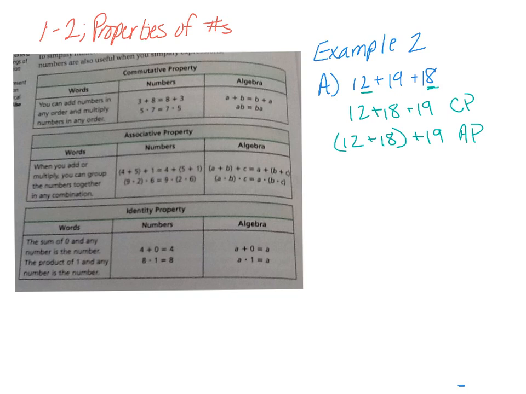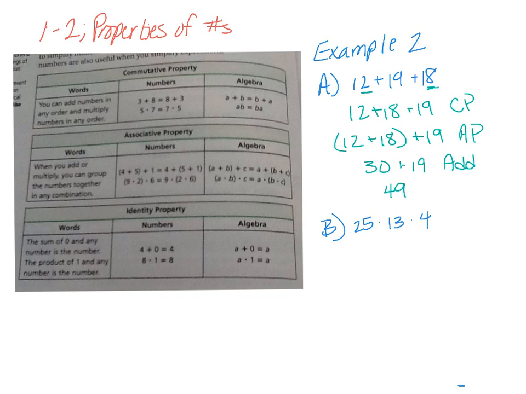So then that makes it really easy because you should know 12 plus 18 is 30 plus 19. So this is we're going to add. That's our justification, and when we add that, we get 49. The next one is 25 times 13 times 4. 25 is a basic number that you should know the multiples of pretty well.